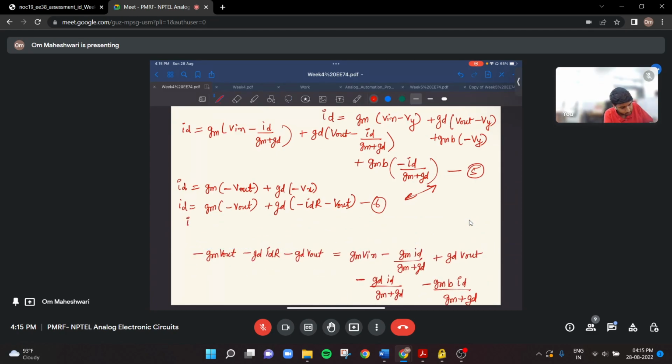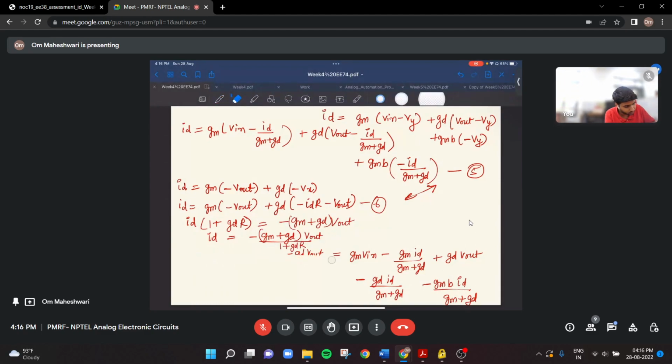So ID(1 + GDR) = (GM - GM + GD) V out... so ID is minus (GM plus GD) V out by (1 plus GDR).